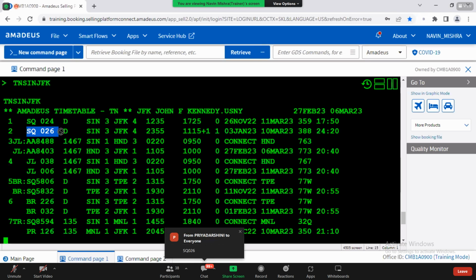Here, instead of a number written, it's showing D. What does D stand for? D stands for daily. That means the SQ06 flight operates daily; there's no specific day provided. Now tell me the terminal number at Singapore and the terminal number at John F. Kennedy.